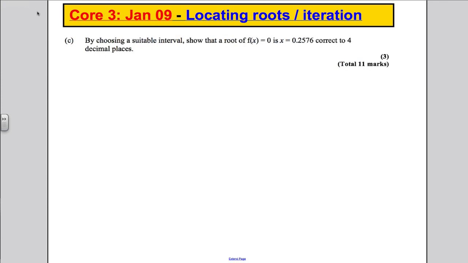And lastly, choose a suitable interval to show that this is the correct root to 4 decimal places. Same old stuff.